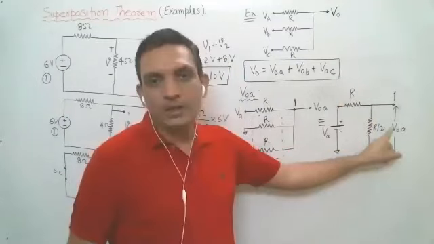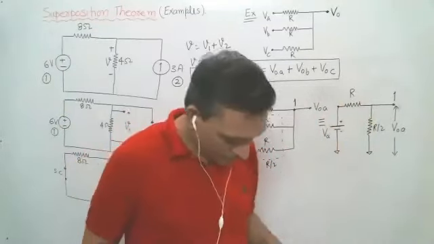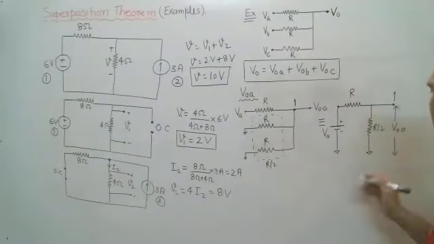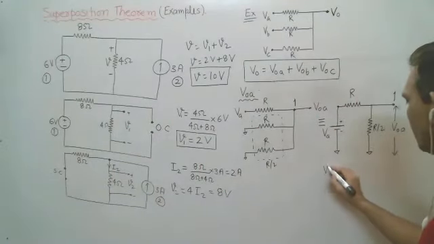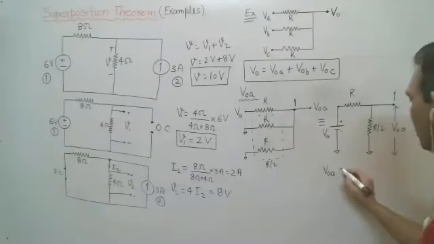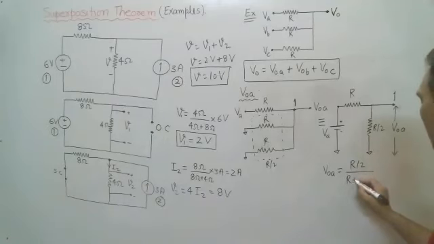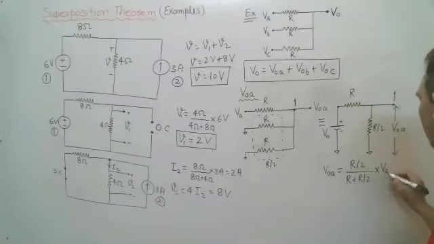Now in this circuit, you can easily find V0A. As you know, the voltage division rule you can easily apply. So this drop is R by 2 by R plus R by 2 into VA. And this value is VA by 3.